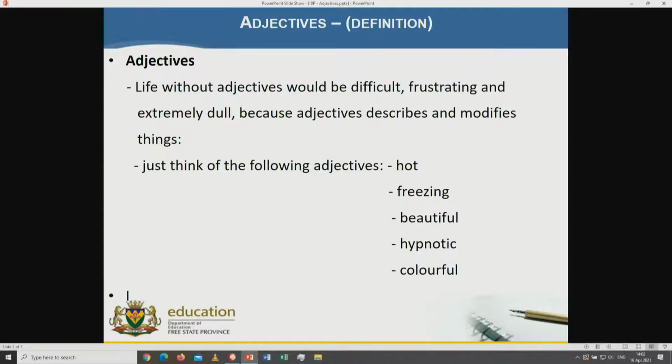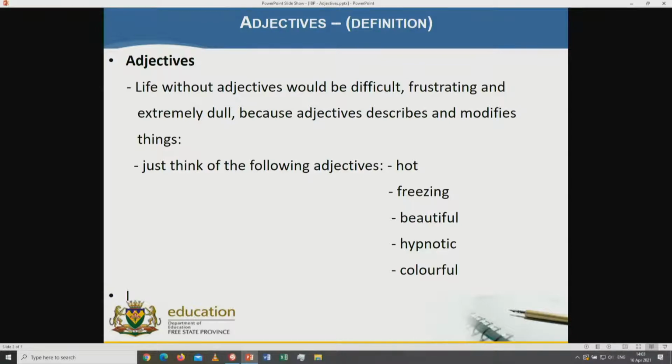We say life without adjectives would be difficult, isn't it? It would also be frustrating and extremely dull if we did not have adjectives. Life would be dull because adjectives describe and modify things. Without adjectives, life would be so dull. Life would be so frustrating, you know.